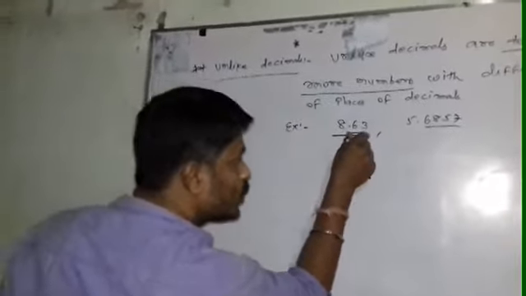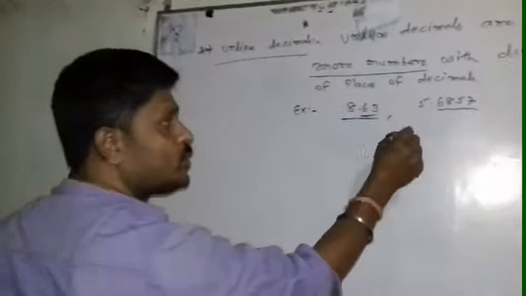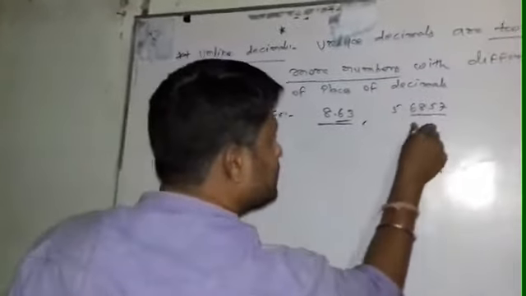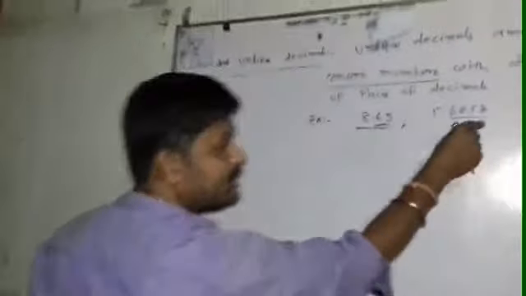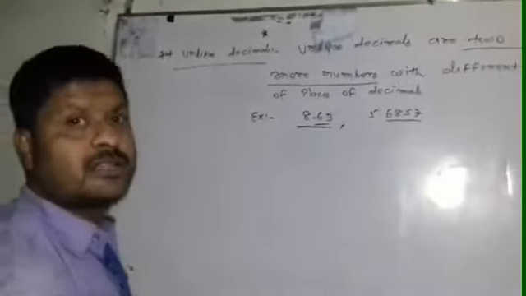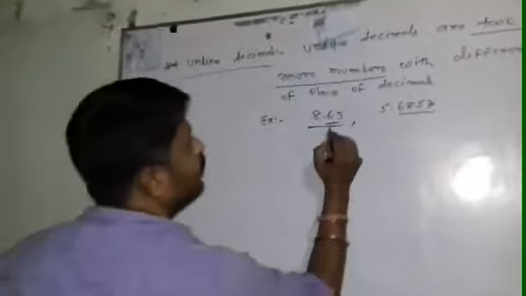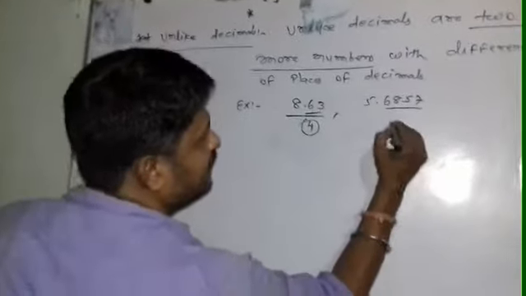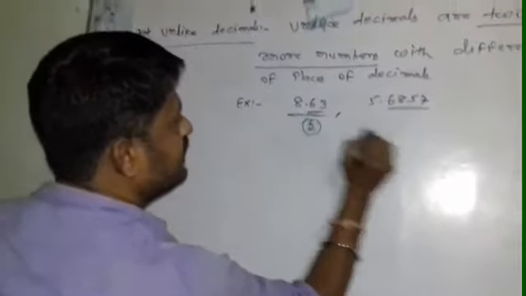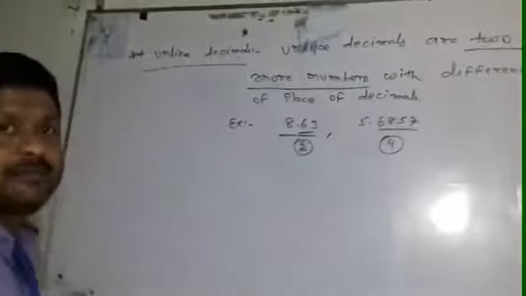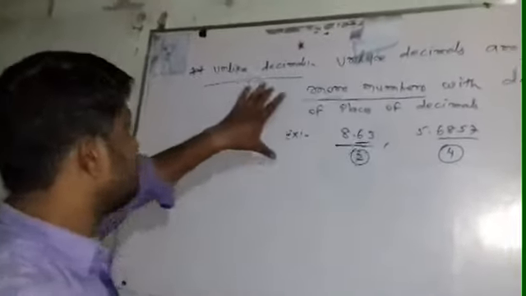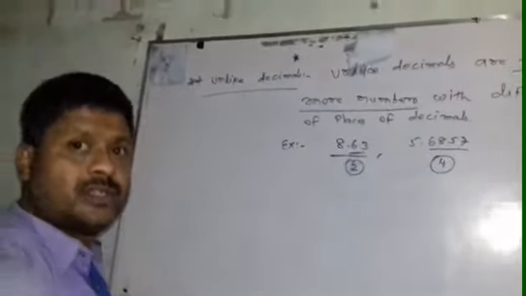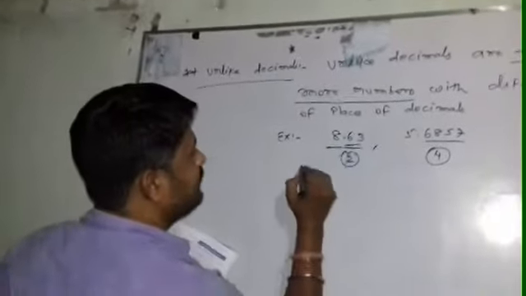Here two digits exist after the decimal, so here there must also be two; then it would be like decimals. But here four digits exist, so this is in unlike decimals.